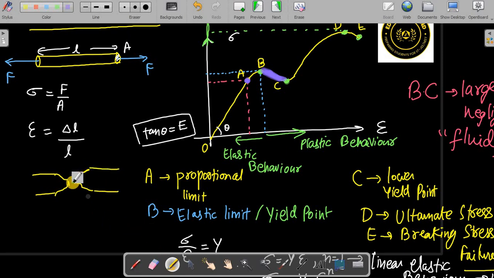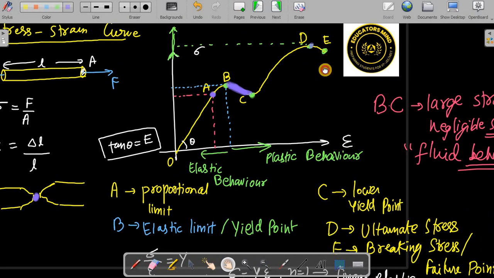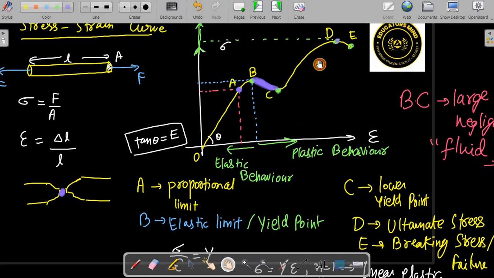Okay, so here the area will be decreasing and neck formation happens. That will definitely happen quickly after C. After C, neck formation starts, and from D to E we are going to separate completely, and at E the body will separate into two parts.